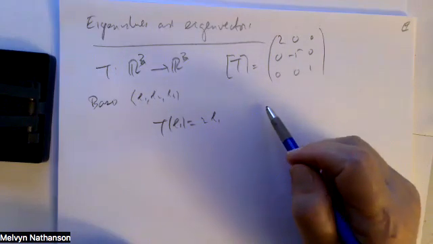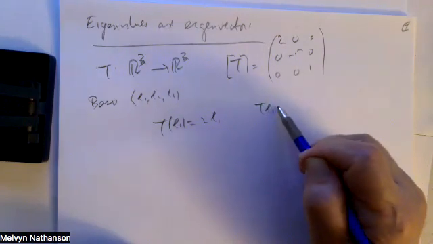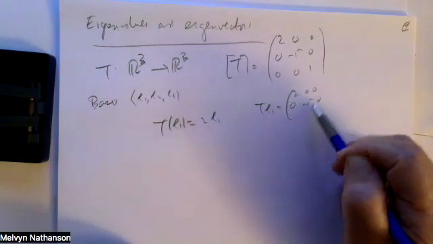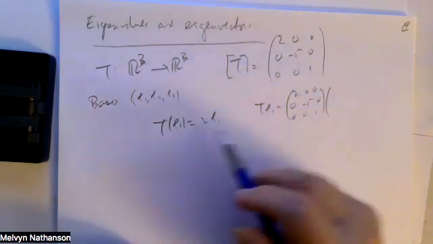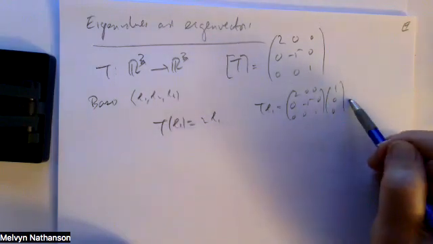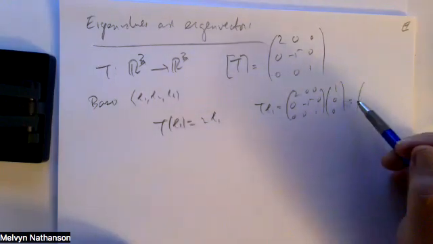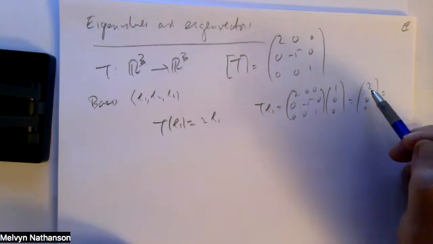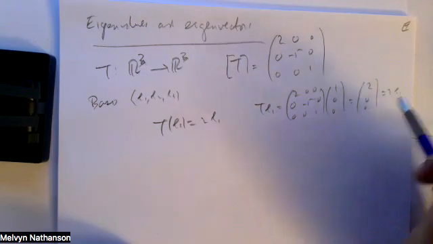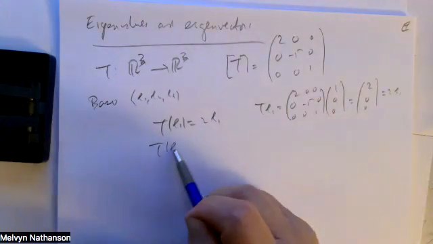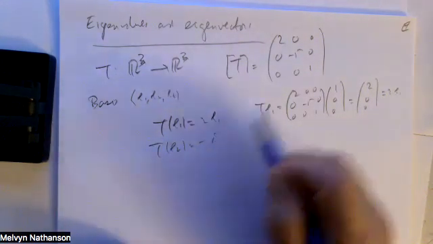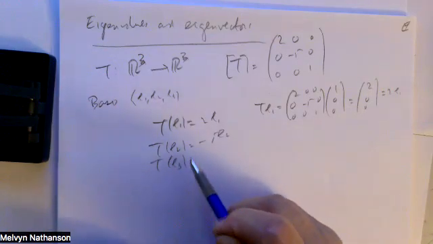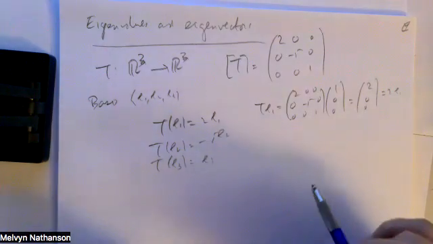Or just to make sure you see this, this is T of E1, it's the matrix 2, 0, 0, 0, minus 5, 0, 0, 0, 1. E1 is the vector 1, 0, 0. When you do this matrix multiplication, you get 2, 0, 0, which is 2E1. And T of E2 is minus 5E2, and T of E3 is just E3.